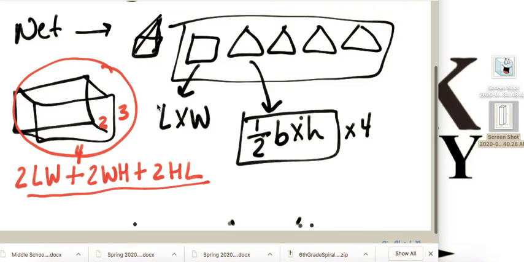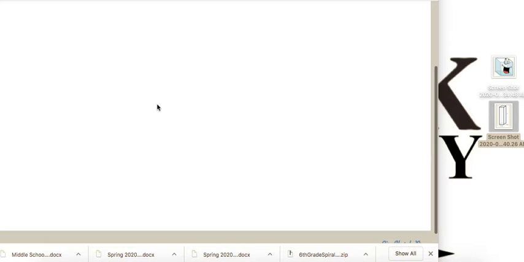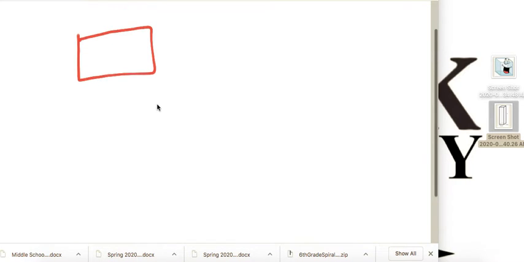So we're going to do a little bit of practice with this. If I asked you to find the surface area of this shape, I'm actually going to draw the net of the shape. How about that? And then you'd have to tell me the surface area. So lots of times we would do something like this.